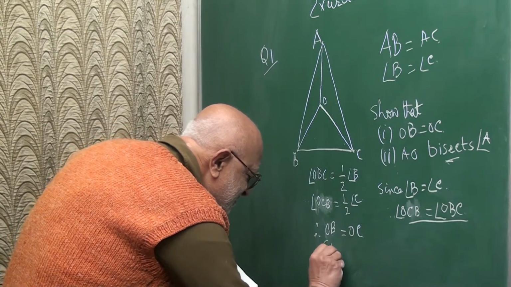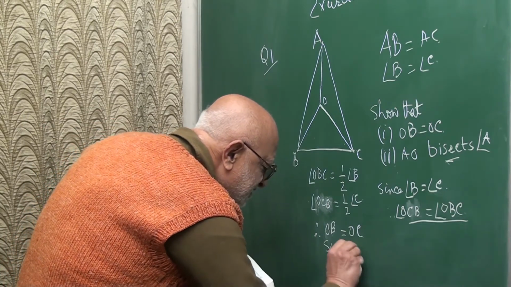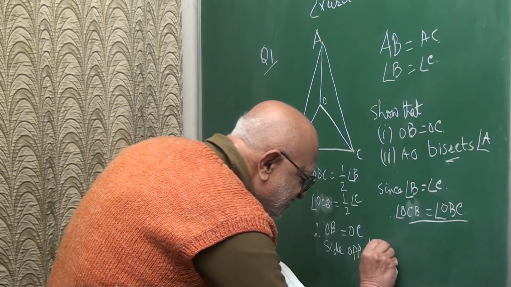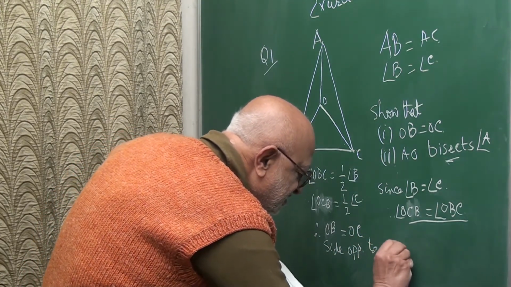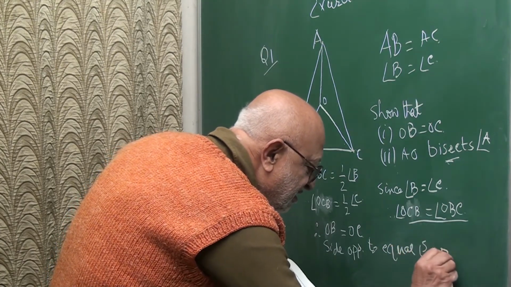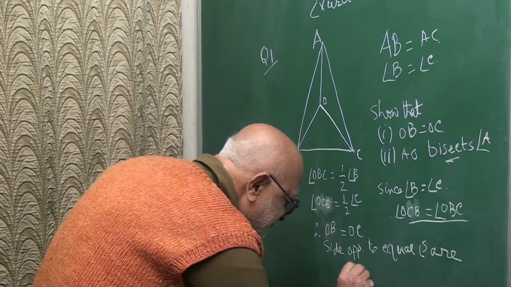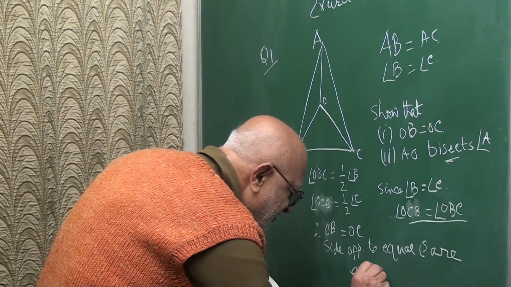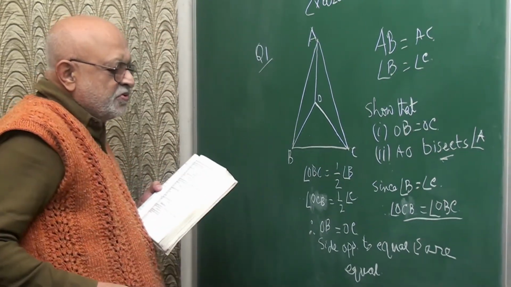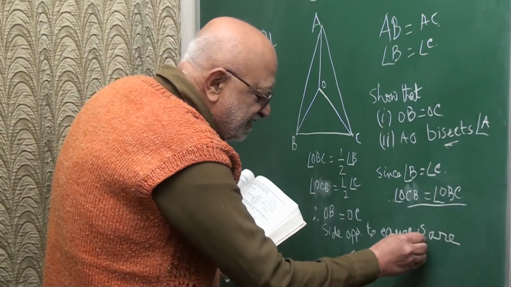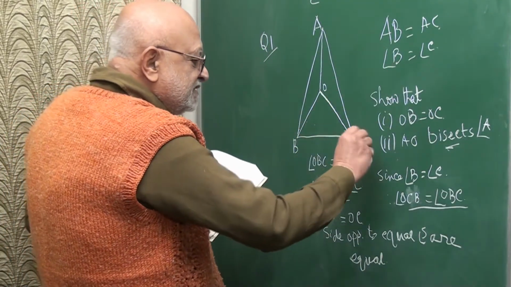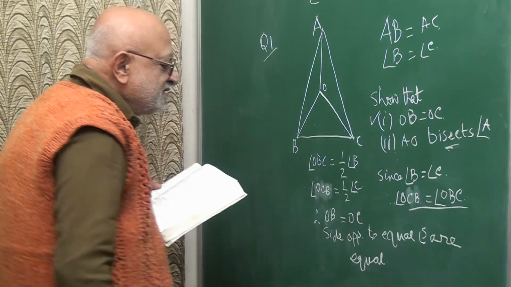Sides opposite to equal angles are equal. Okay? Sides opposite to equal angles are equal. So one part is over.